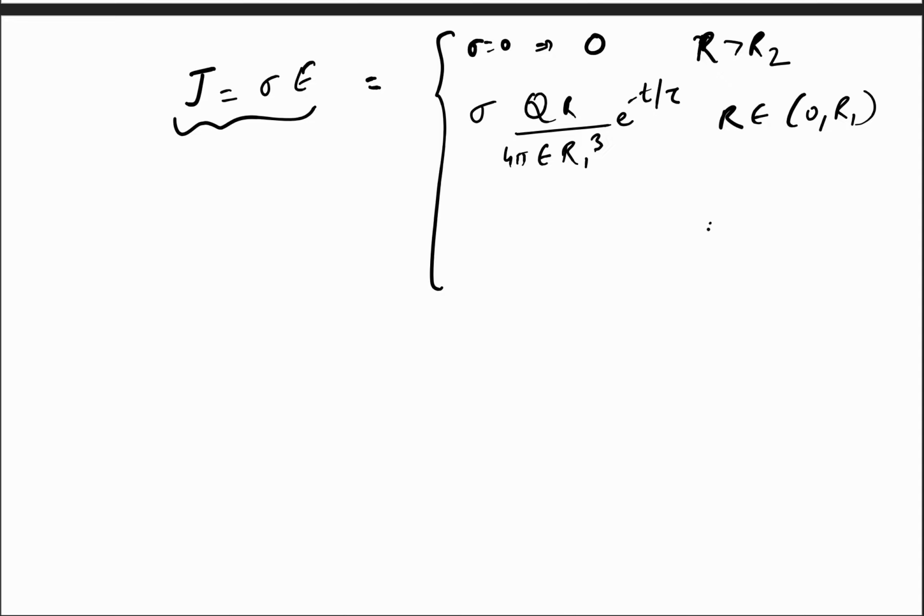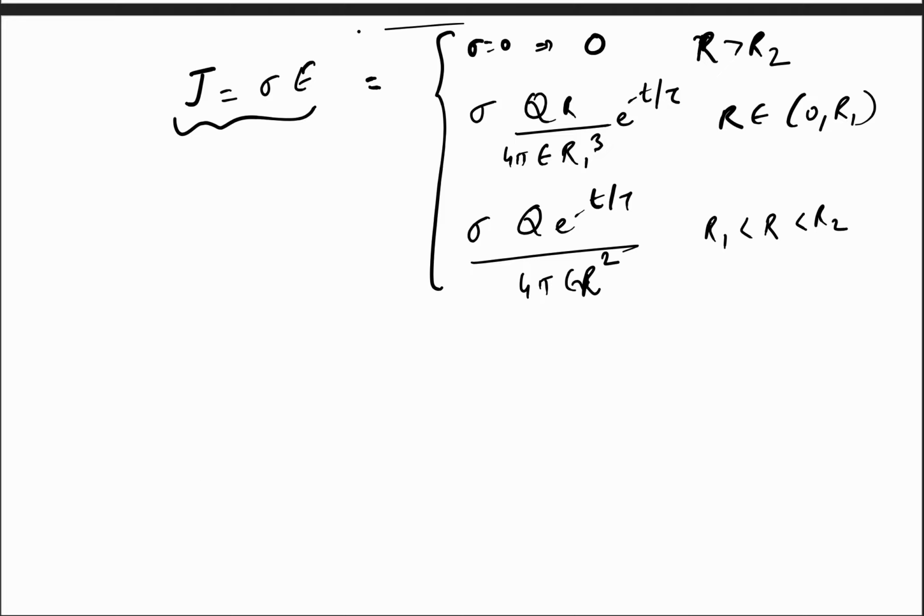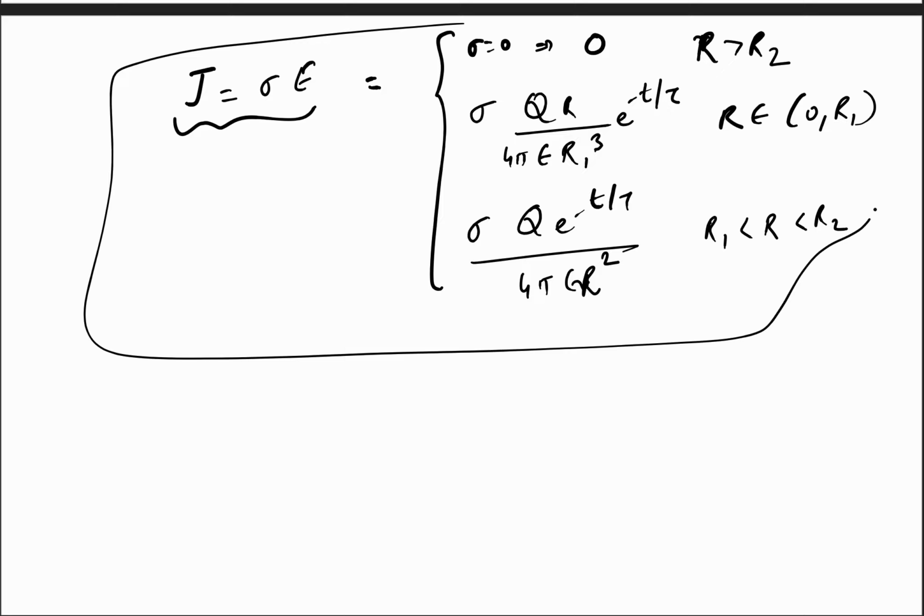Similarly, for r1 smaller than r smaller than r2, it will be sigma Q e to the minus t by tau over 4 pi epsilon r square. So this is the conduction current density in all the regions.